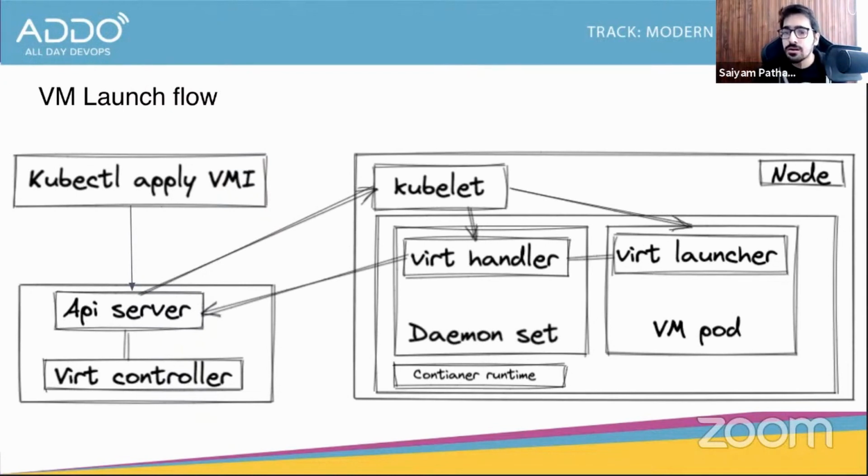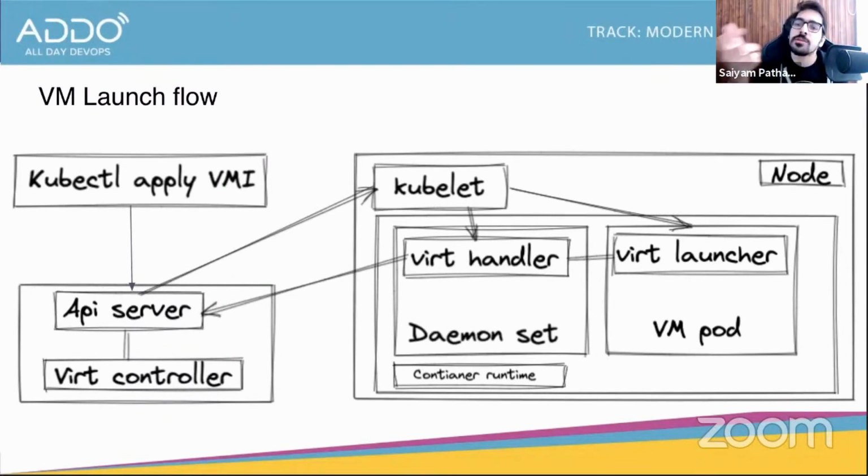Now, Virt launcher is something which will be starting the QEMU process, watching it, and handling live migration and so on. Virt handler is responsible for telling Virt launcher how to start the VM, and then it will be reporting back to the API server.